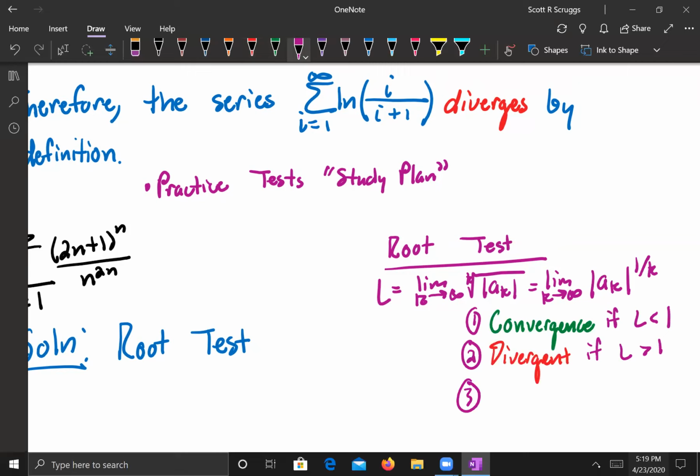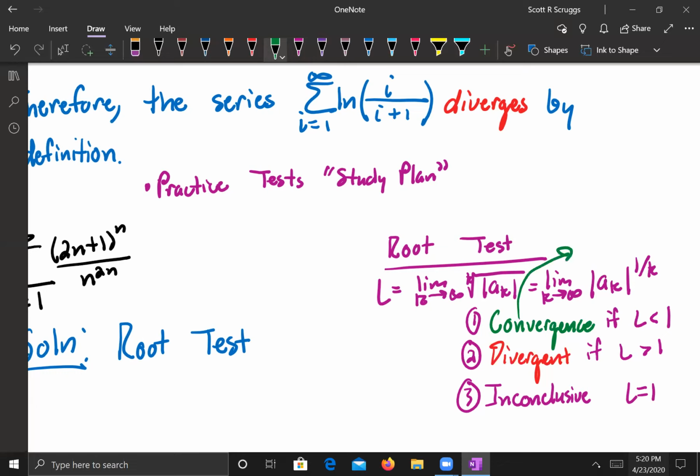And if you have that L is equal to 1, it's inconclusive, meaning I can't tell you anything about the convergence or divergence of the series. I don't know anything, which means I have to try another test.